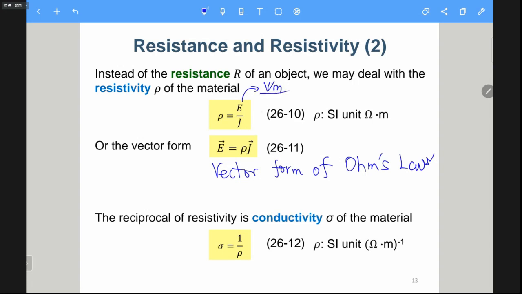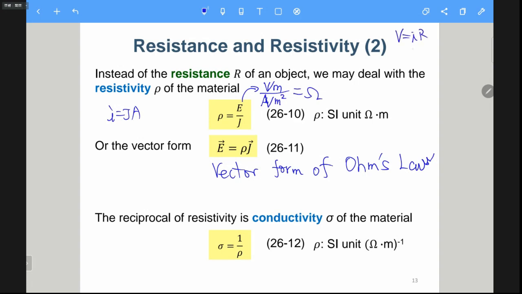And the SI unit for J: I equals JA, so the SI unit for J is ampere over meter squared. So V over A is ohm, if you still remember V equals IR.